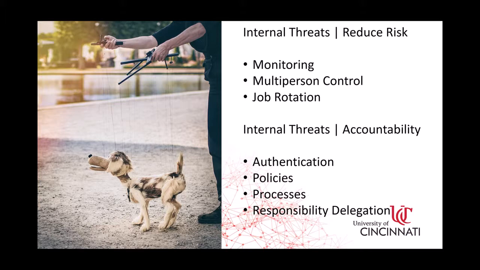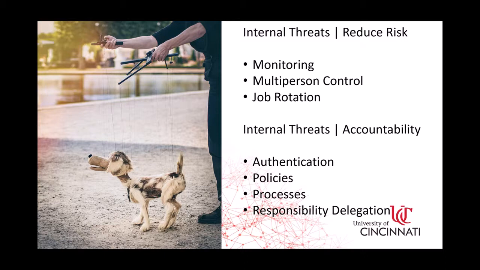We also want to make sure that we have multiple people in control of processes and that there's some job rotation so that we're not at risk of losing information from somebody becoming just kind of careless through doing something over and over again, but also we get more eyes on the process.